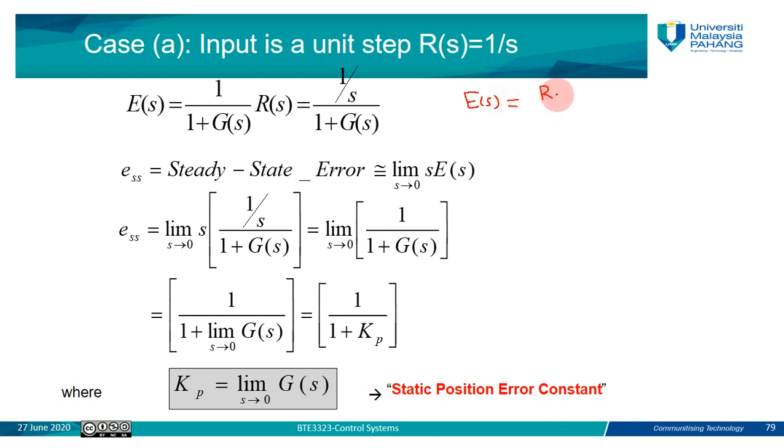Now forget about the closed loop transfer function that we used in the first example; our focus is all on the open loop. So E(s) equals R(s) over 1 plus G(s). This is the formula to calculate the error of our system. Now I have the input R(s) equal to 1 over s. You just substitute for R(s) by its value, so it becomes 1 over s over 1 plus G(s).